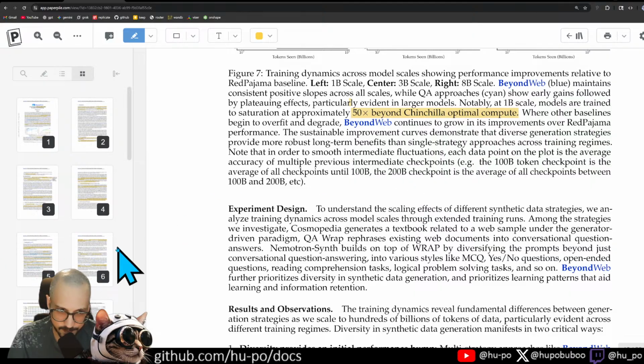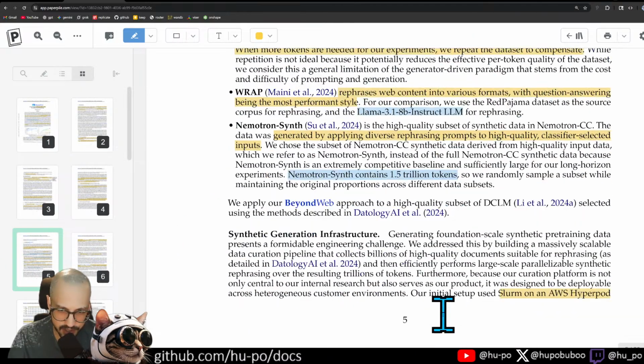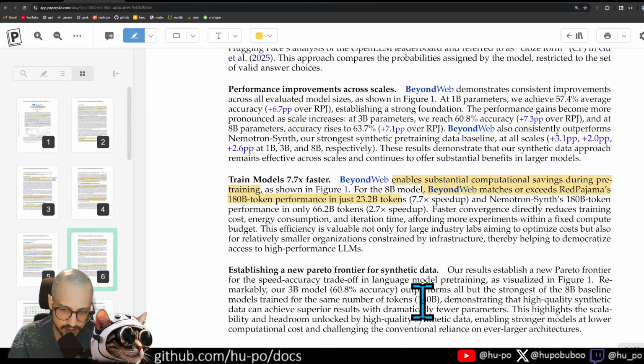And this paper demonstrates that, where we're capable of training something to the level of another model of the same size that's been trained on a much larger amount of data, right? So Chinchilla tells you how many tokens you can train a model of a specific size on, right? And here they say, we got an 8B model that basically gets to the same place you would get to if you fed it the 180B tokens of Red Pajama, but we just had to feed it 23.2B tokens.